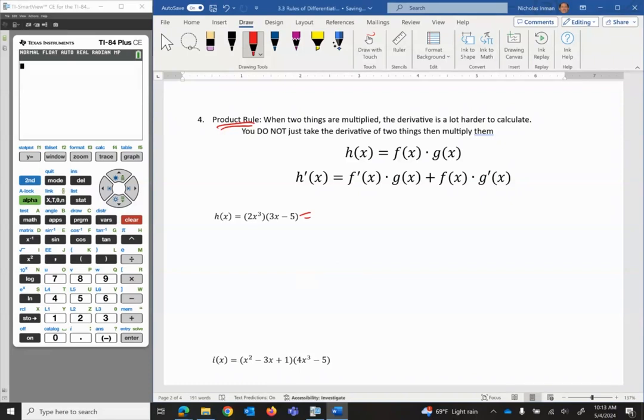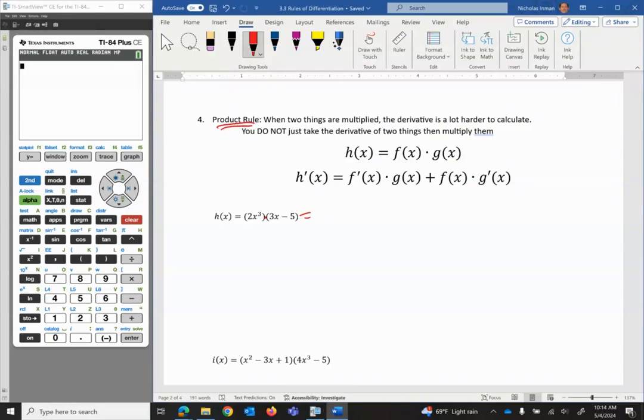If I want the derivative of a product, these two things multiplied together. Now, sometimes, yes, you could just distribute and you could take the derivative using the power rule. But sometimes some very crazy things get multiplied. So we're learning this rule.